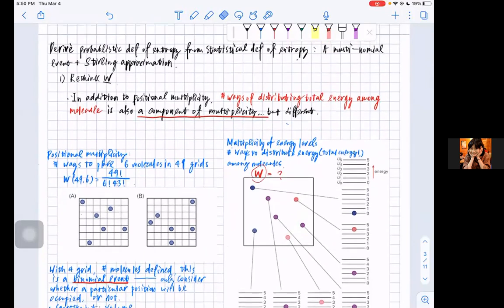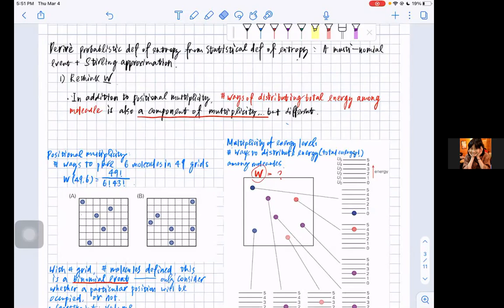But what if the molecules are on different energy levels? That is, we need to consider the number of ways of distributing total energy among the molecules. That is also a component of multiplicity, but it's a different one.